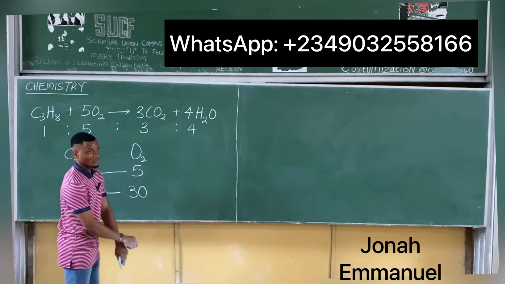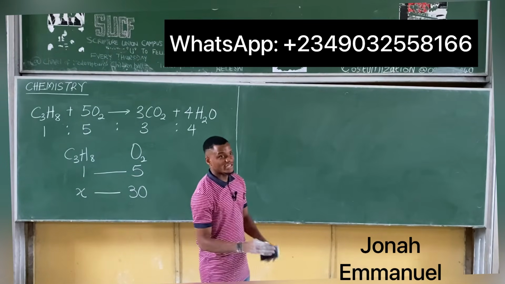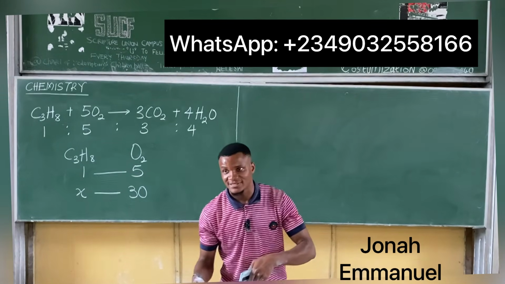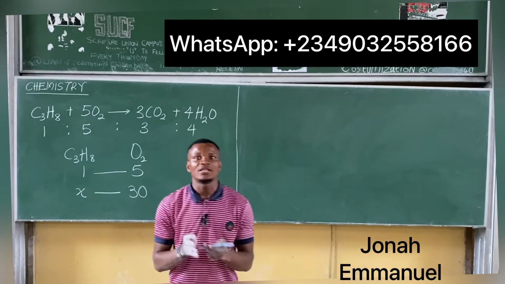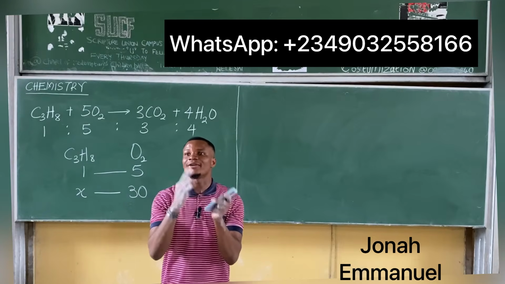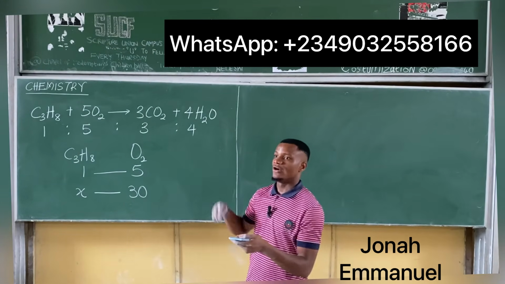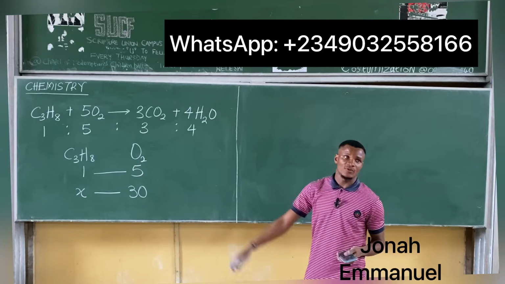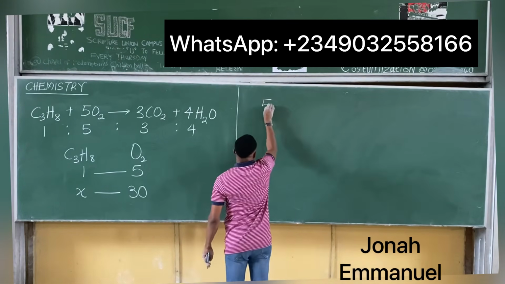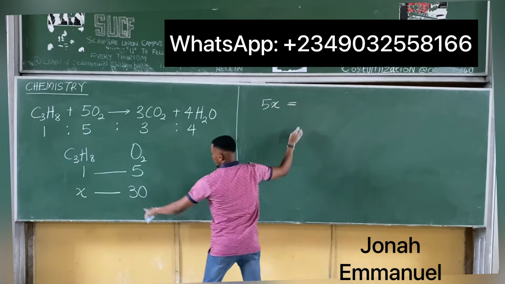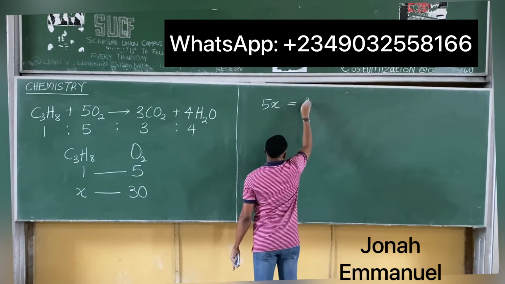Please know why. I said work with the limiting, assume the excess to be X. Which of them is the excess? The excess is simply the one that is left unreacted, and they said propane was left unreacted. Let's get X. Cross multiply: 5 times X is equal to 30 times 1, that's 30.